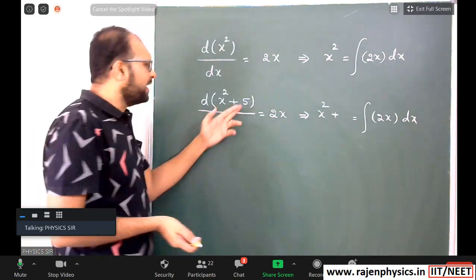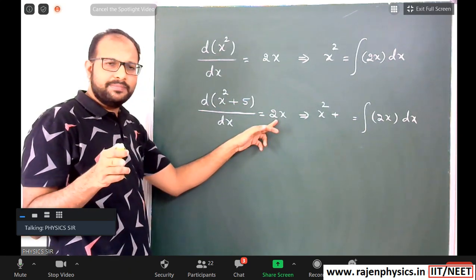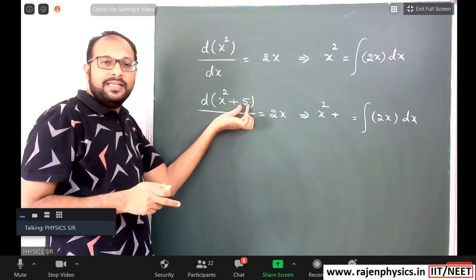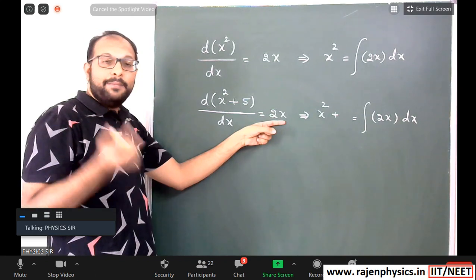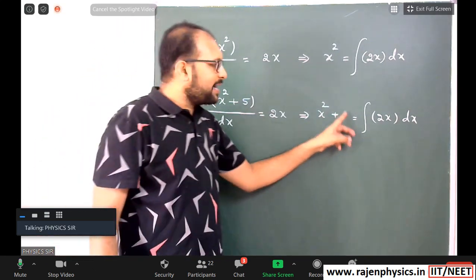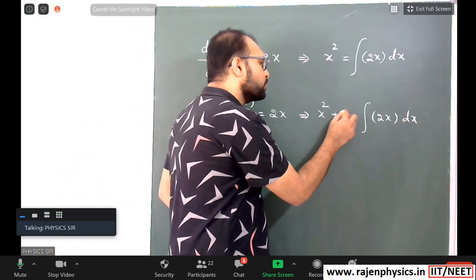In this example it is 5; if I take 6, I get the same answer again. Whatever the constant is, differentiation is the same. But in integration, we don't know the constant exactly. That's why we write x square plus.